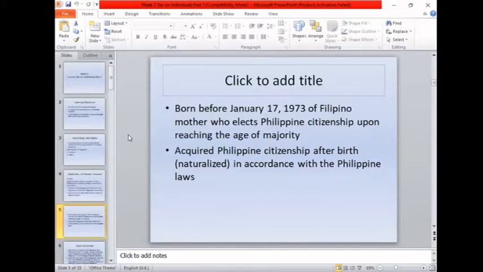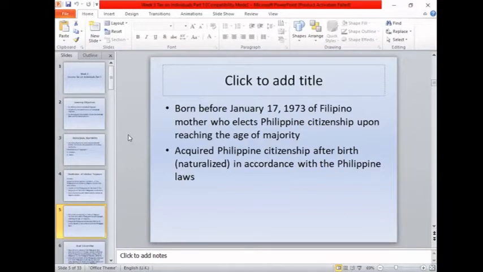So it means that those Filipinos who were born before 1973, and whose Filipino mothers elected Filipino citizenship, are also to be considered Filipino citizens for as long as they reach the age of majority, which is the legal age of 18 years old.